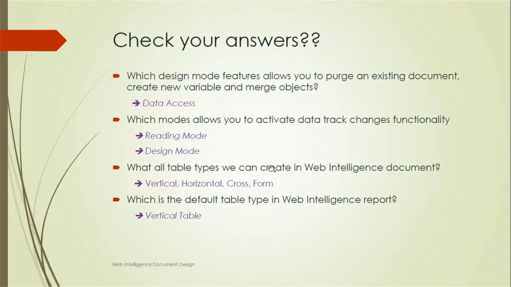The table types you can create in a Web Intelligence document are vertical, horizontal, cross, and form. The default table type in a Web Intelligence report is the vertical table.